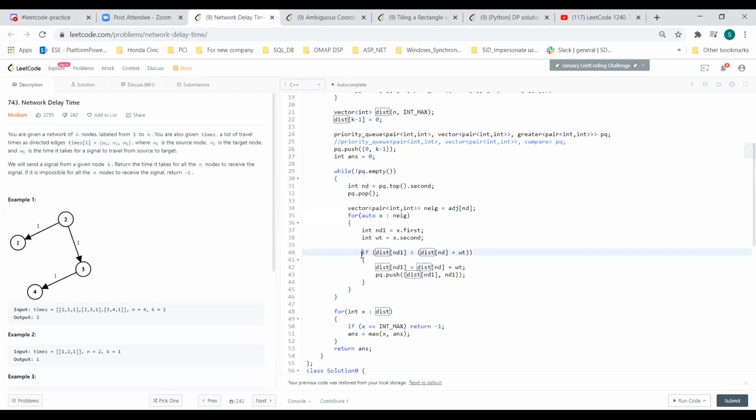You might actually visit the same node more times if the values are different, but you don't have to stop that, so a visited array is not required. But if you want to find out whether all the nodes are covered, as in a disjoint graph, you can check whether the value is still max. It means that particular node is not visited, because that is what you initialized it to. And if there is a cycle, oh, if it is a cycle, huh?